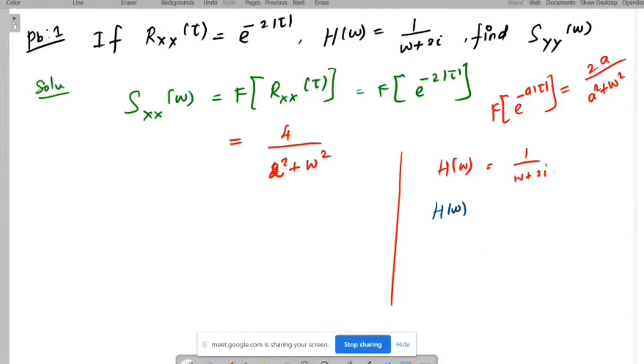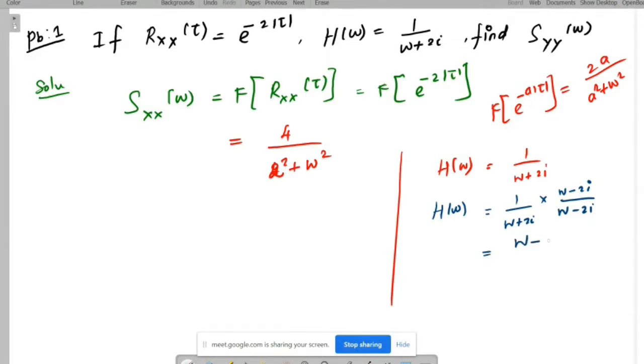But before that, try to write 1 by omega plus 2i into omega minus 2i divided by omega minus 2i. If you multiply by the conjugate, then only you can split the real and imaginary parts. By using the real and imaginary parts, you can find the modulus. Without doing this process, it's not possible to find modulus H of omega square, right? So for that, I am multiplying by the corresponding conjugate.